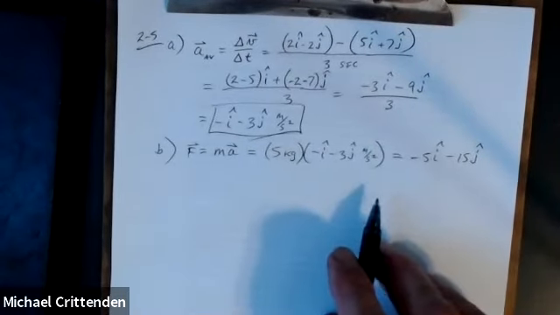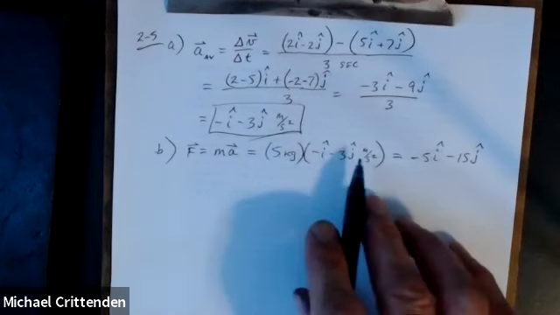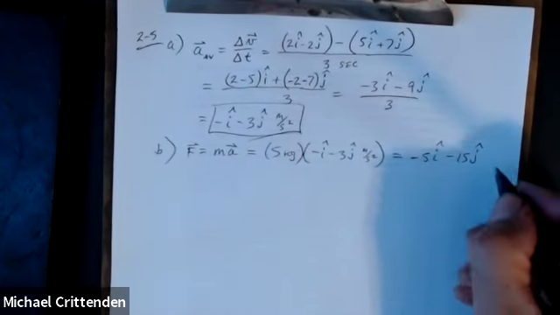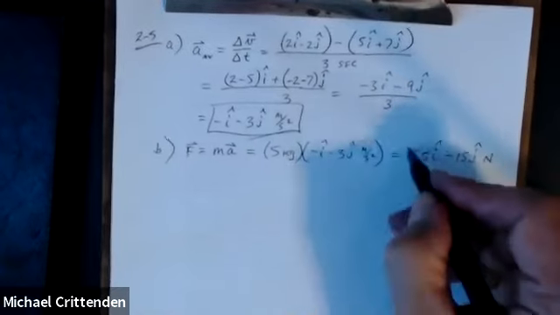And as I will explain fairly early in section 3, kilograms times meters per second squared is called a Newton.